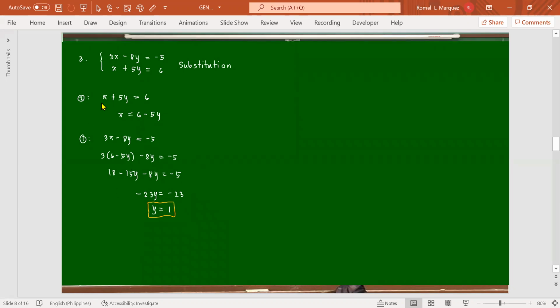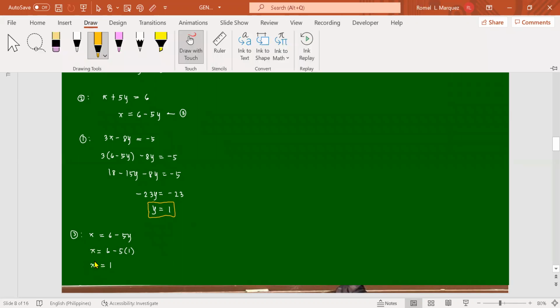Okay, so from x, let's call it equation 3. From equation 3, what is x? X is equal to 6 minus 5y. So what is y? 1. What is now x? 1 also.